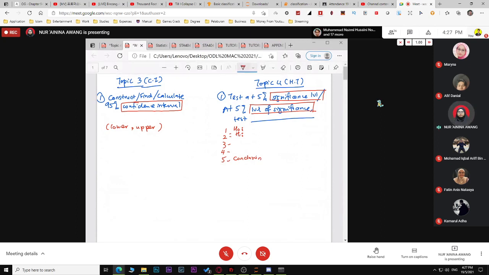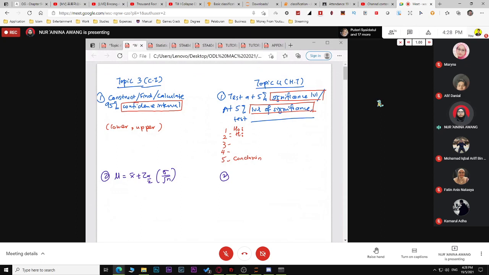And then the next difference is in terms of formula. For confidence interval, for example, you have this one. So this is the formula. But for hypothesis testing, it is the same: you look at whether the variance or standard deviation for the population is known or unknown. For known, you will use Z distribution. For unknown, look at the sample size. If large, you use Z. If small, you use t.